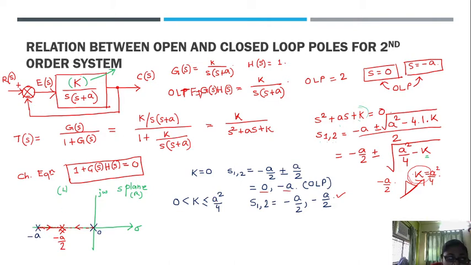Then these points move to here. In this way, when I get the value equal to a square by 4, I find that the poles gather at the same place. What is that place? That place is minus a by 2. So these poles are walking towards each other whenever I change the value of the DC gain.